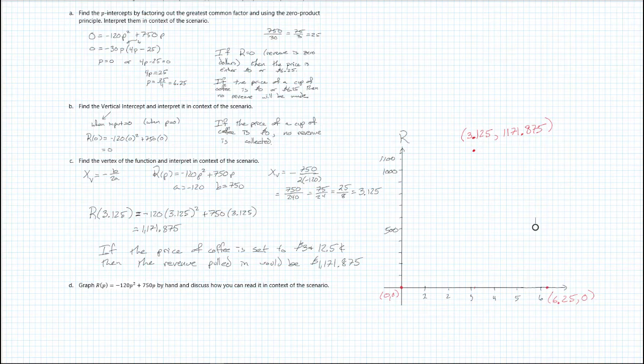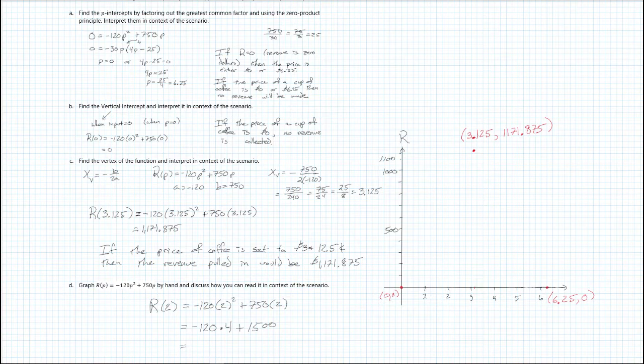Let's get just a couple more in here. Let's say what's going to happen if I did R of 2? If we have $2 here as the price point, we'd have negative 120 times 2 squared plus 750 times 2. I think I could do this by hand faster than with the calculator. This will be negative 120 times 4 plus 750 times 2 is 1500.